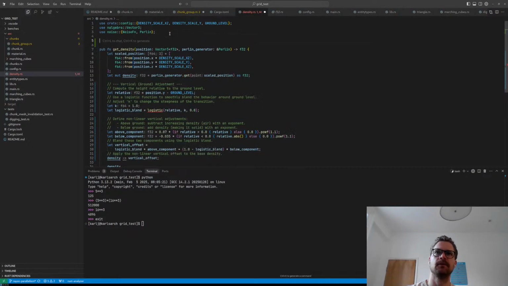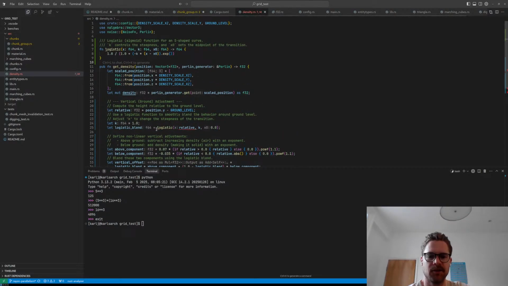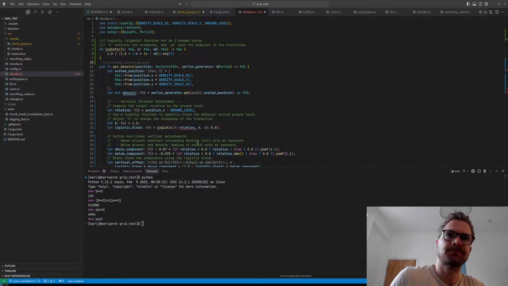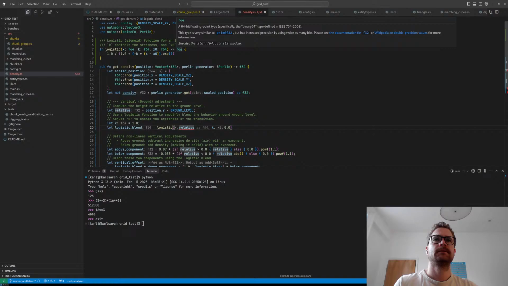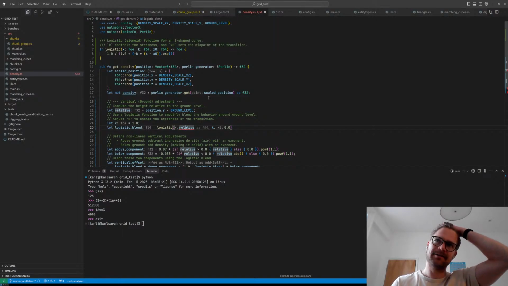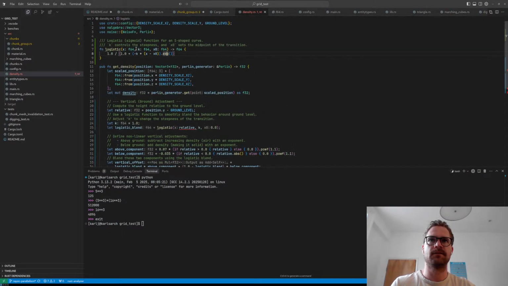Wait, did it know that this was what I was gonna write? Cursor is pretty good. Okay, what's a relative? F64. Do we need F64? I don't think so, right? Oh, exponent needs F64.